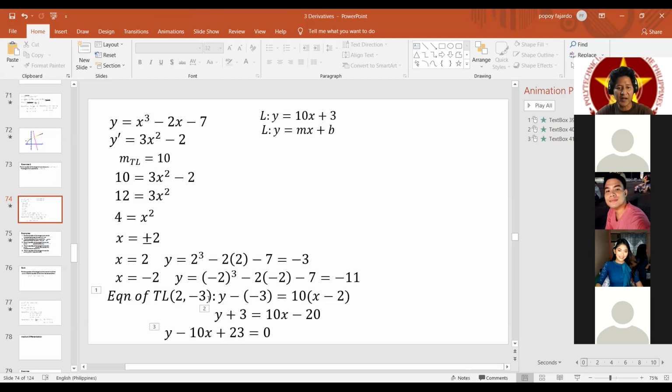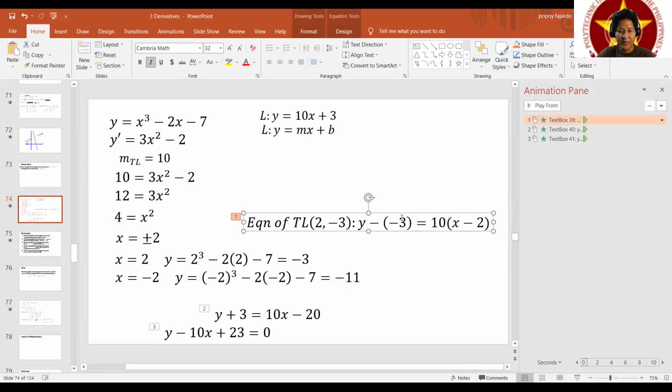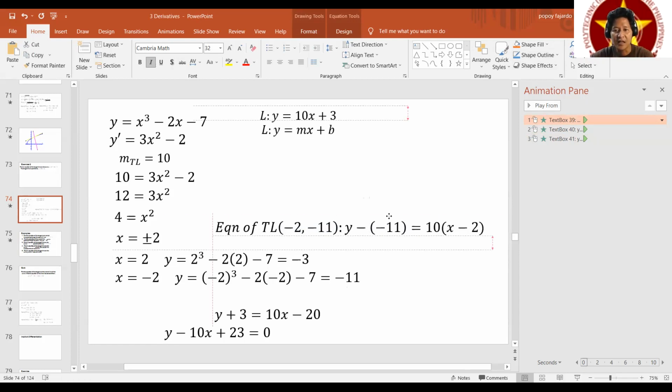So, yung isa naman, ang kinuha naman natin, nakikita ba to guys? Okay, so ang gagamitin naman natin yung point na x natin ay negative 2 and then y is negative 11. So y natin ay negative 11, so palitan natin ito ng 11. And then ito naman negative 2, so magiging negative 2.